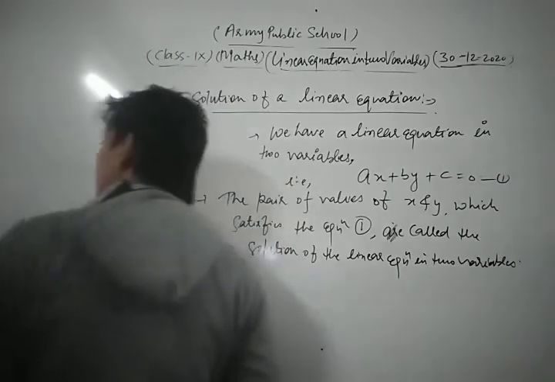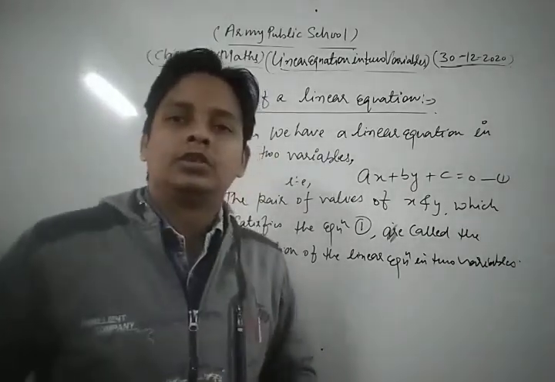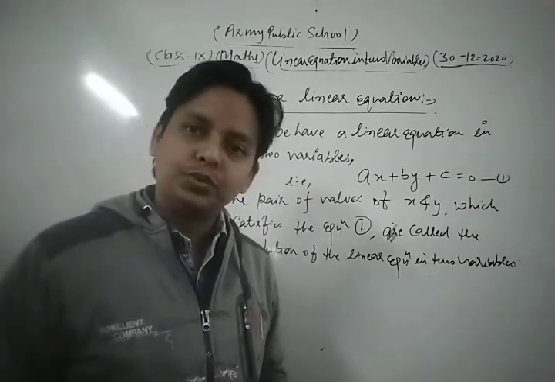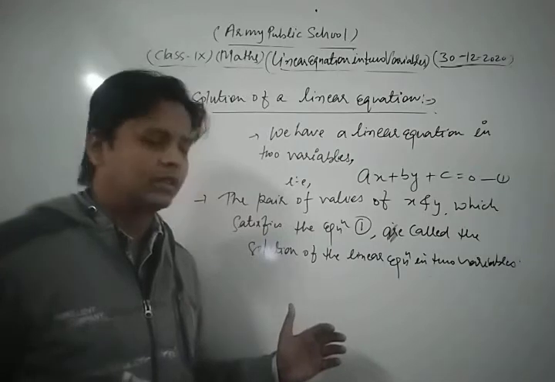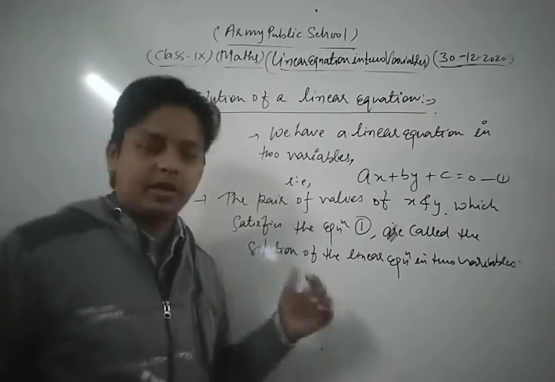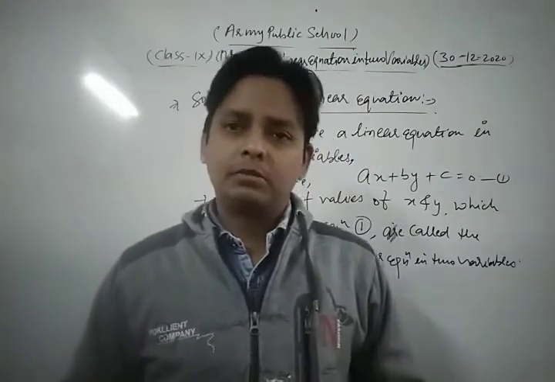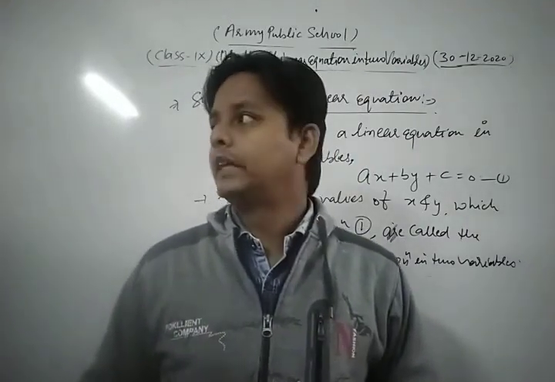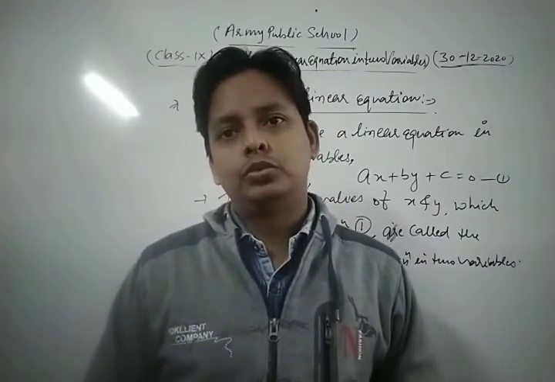Okay, thus dear students, this is the condition for the solution of linear equations in two variables. This is the process and method of finding them. Now we take and solve some important questions based on linear equations in two variables.